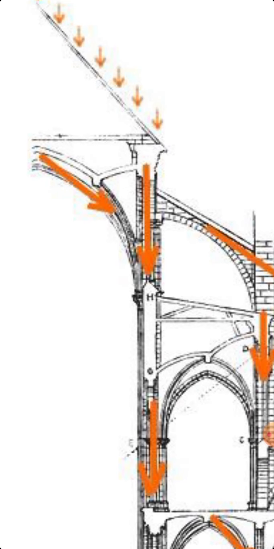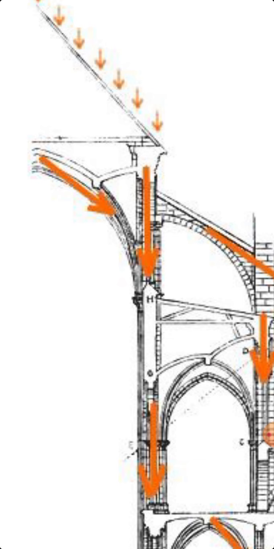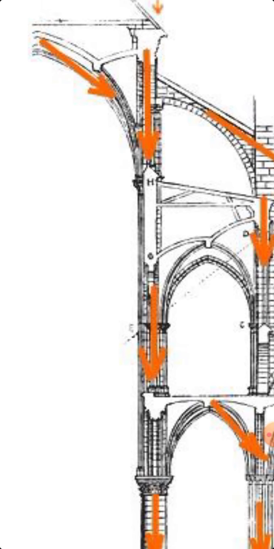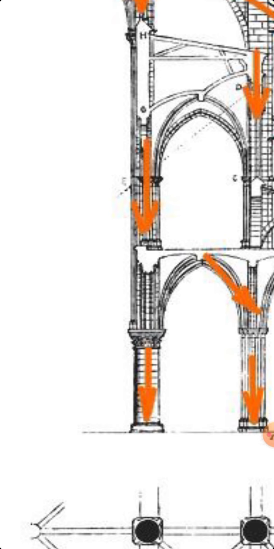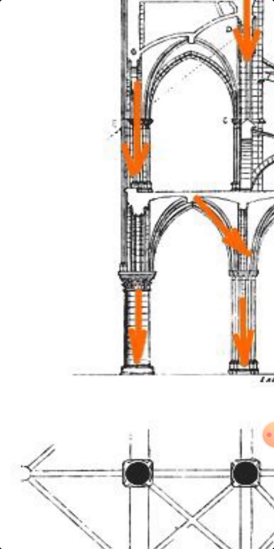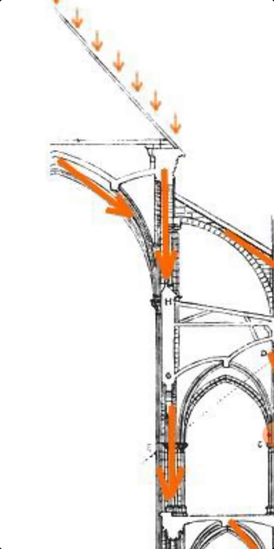So the load from the truss is transferred directly into the column and all the way down into the foundation, and from the foundation the load is transferred into the earth.